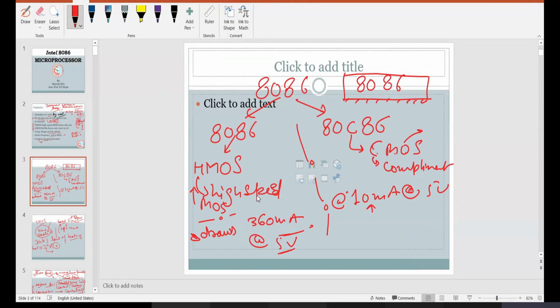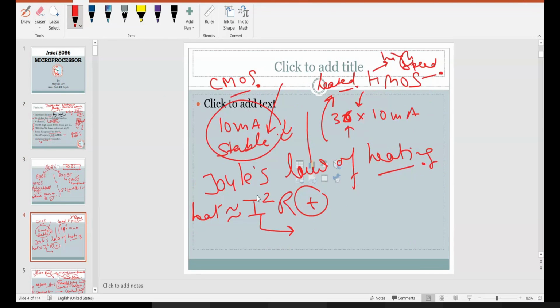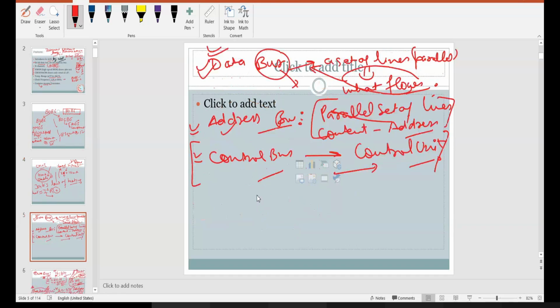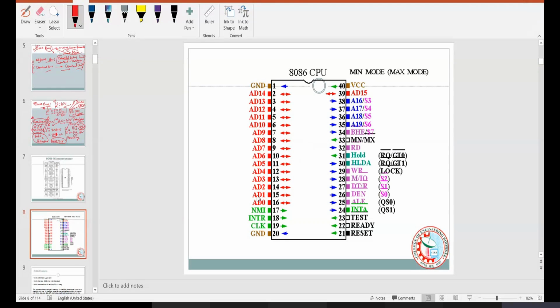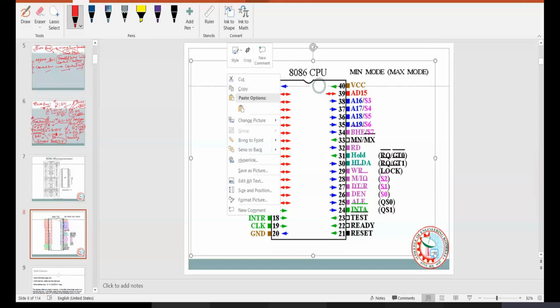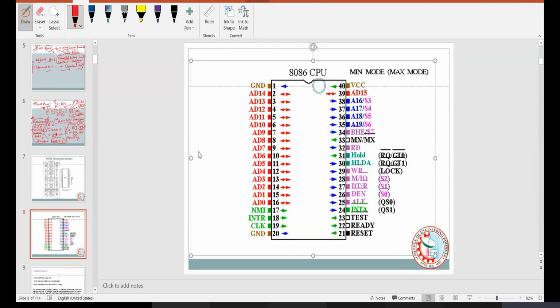Now I'm going to show you how 8086 looks. This is your 8086. This is how it looks, and in this particular diagram that you are watching right now, I put some colors inside, so it looks more colorful to you.